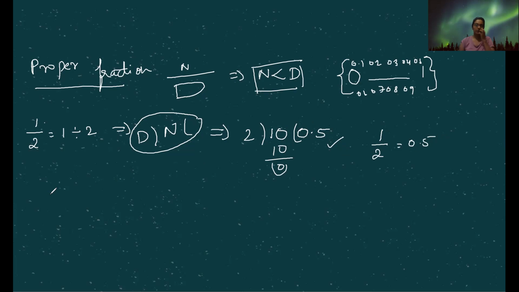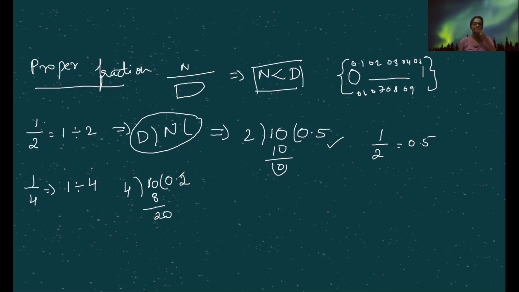Super. Now let's take another example. 1 by 4. We know that 1 by 4 is nothing but 1 divided by 4. Numerator should be inside, denominator should be outside. So I'll put 1 inside and write 4 outside. As 1 is smaller than 4, I can put a decimal and put a 0 here. 2 4s are 8, and 2 remains here, and I'll put another 0.